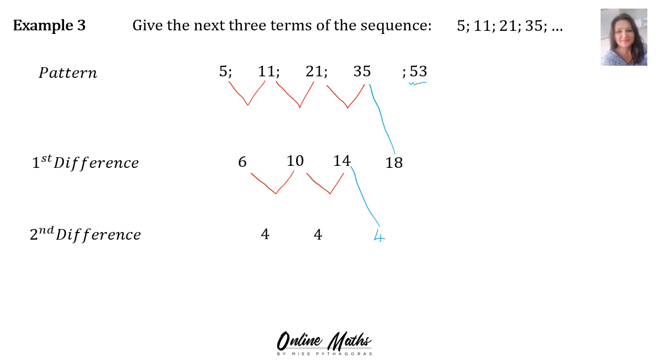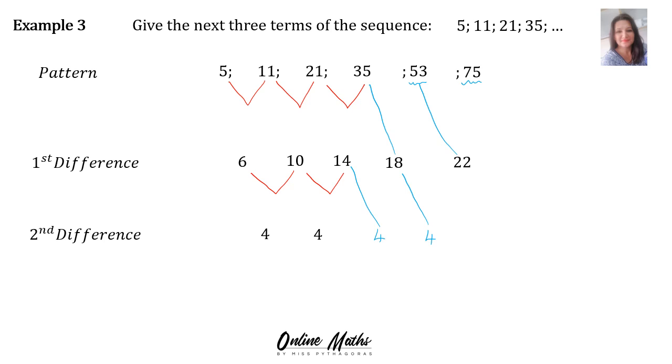Then you go back to your second difference, which was 4. You add it to 18, and it's 22. Then you add 22 to 53 to get 75. So your next term will be 75.